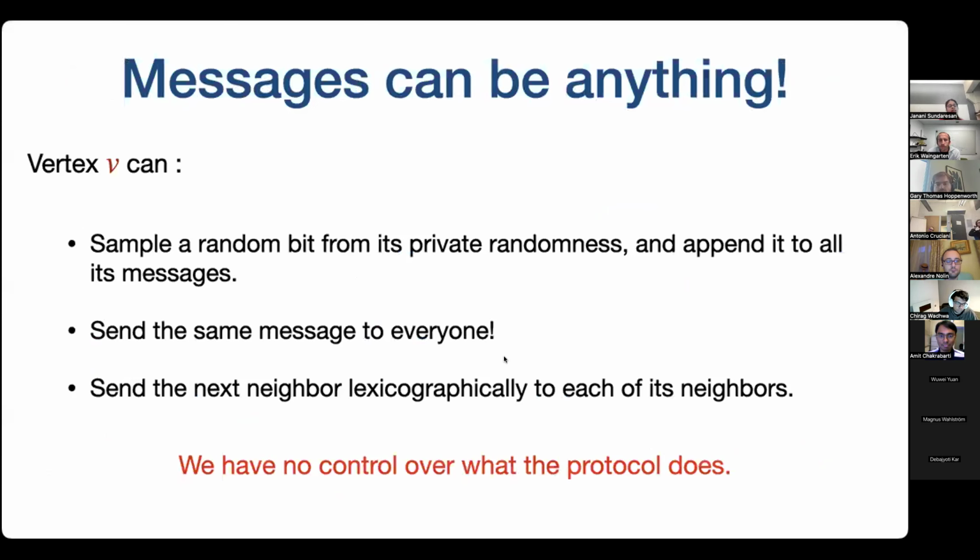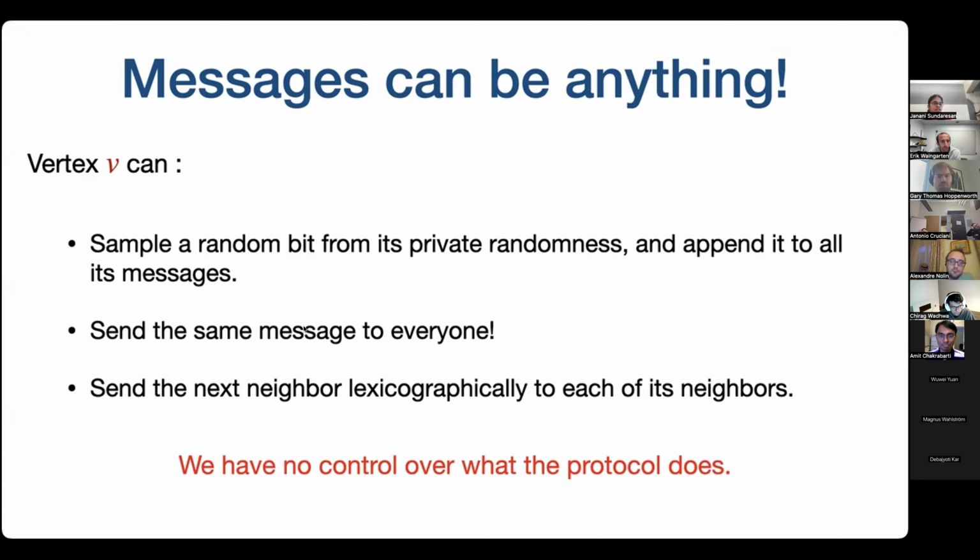Before we get into how we actually sample these messages, I just want to throw out some things that vertex V can send inside a protocol so that we can keep this in mind. The way we sample should be able to handle all of these possible protocols. So in short, we don't have any control over what protocol PyR does, and we should be able to handle any kind of messages that this sends.